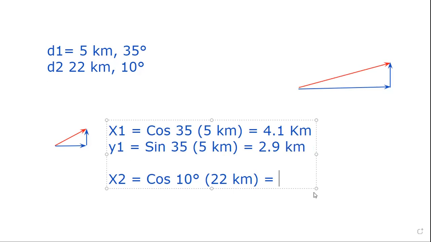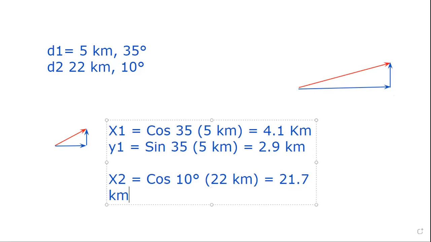Let's do X2 now. How long is this leg? How long she actually moved in the eastern direction, and how much she moved in the upward direction, we'll do later. Let's do X2 first. How much is the cosine of 10 times 22? 21.7 kilometers.